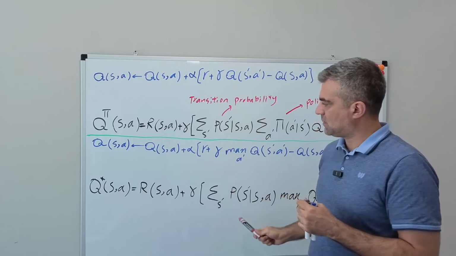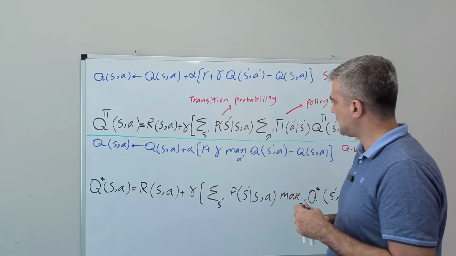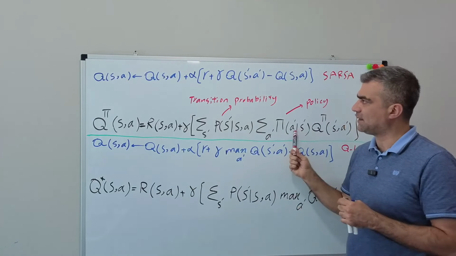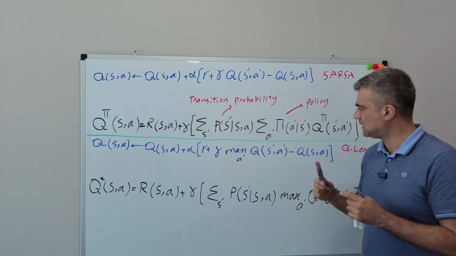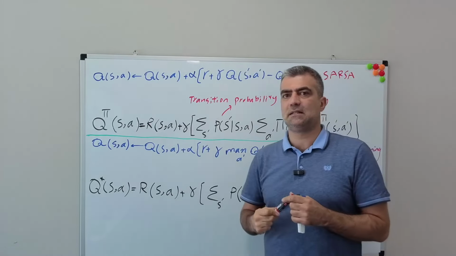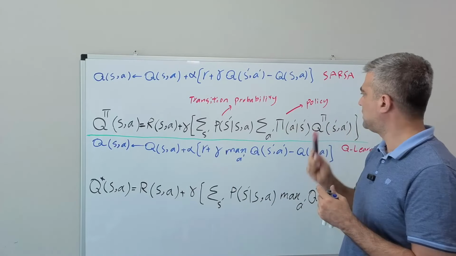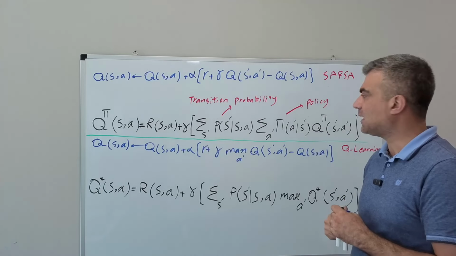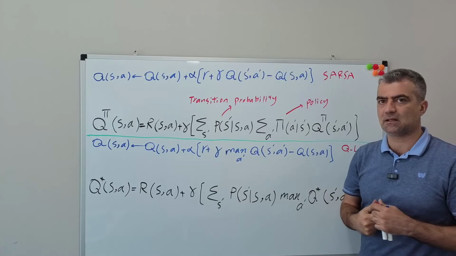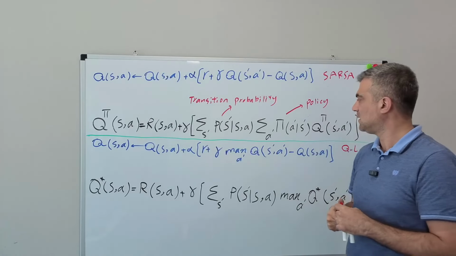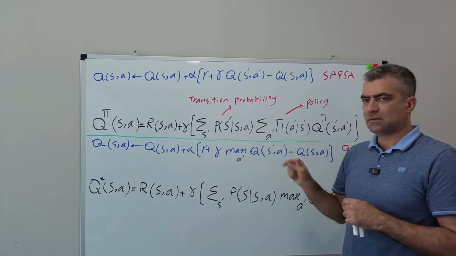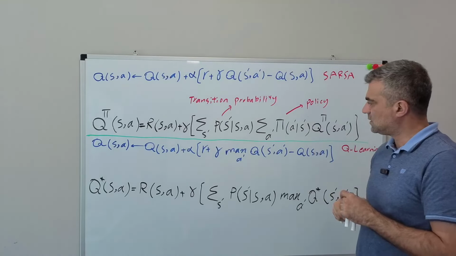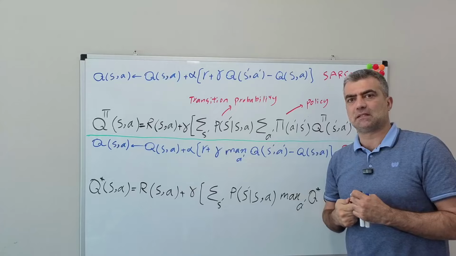In both formulas, both equations, it's the same. We have a pi. In the equation which is written under SARSA, this pi stands for policy. Policy is the character of our agent, let's say, the child. You see, this is also like a transition probability. This is also a conditional probability.